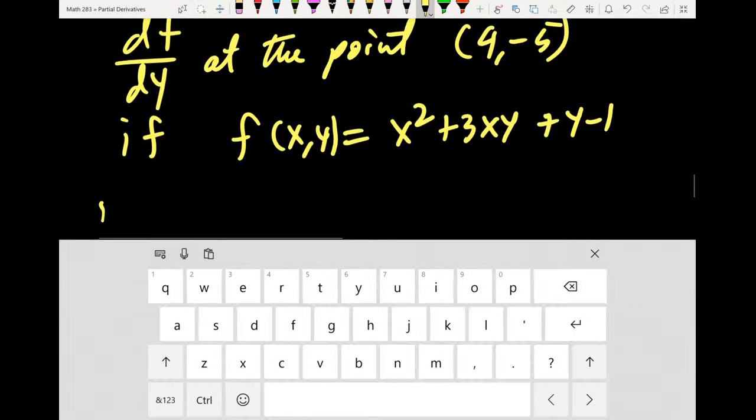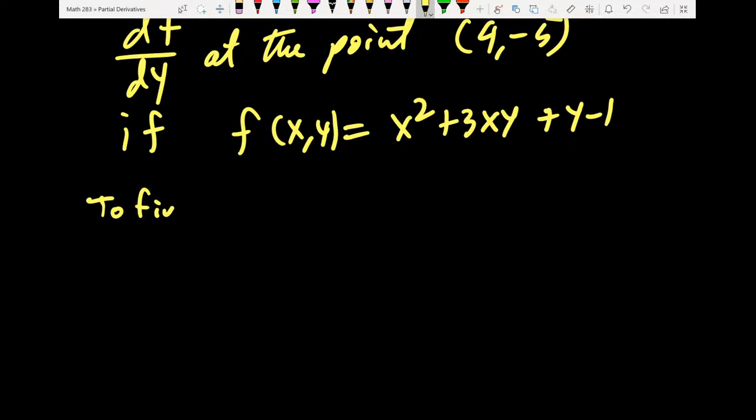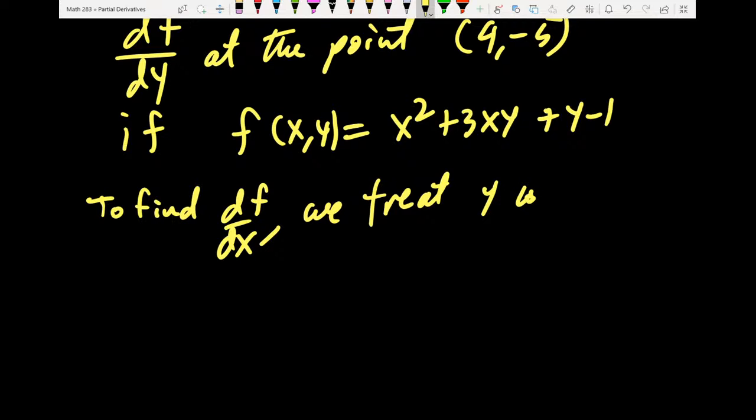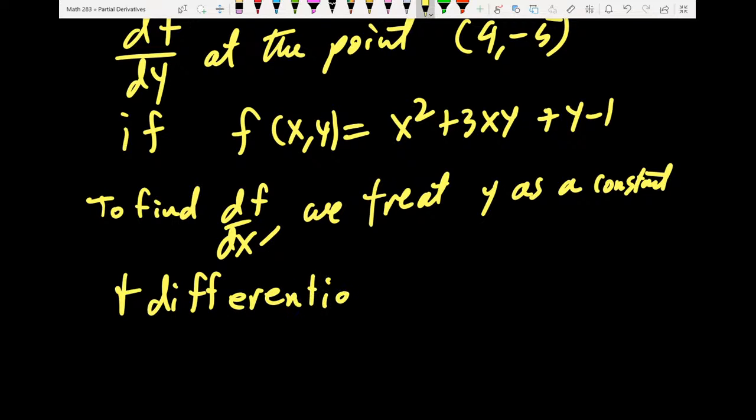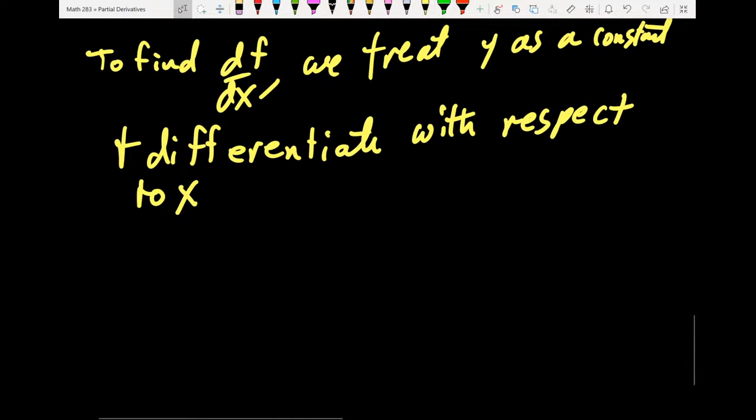So to find df dx, remember a partial derivative, we treat y as a constant, with respect to x.